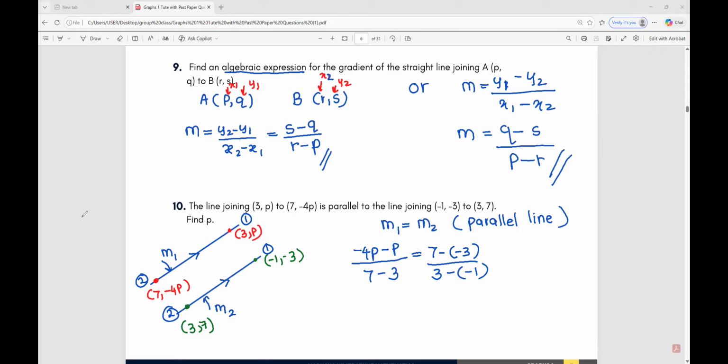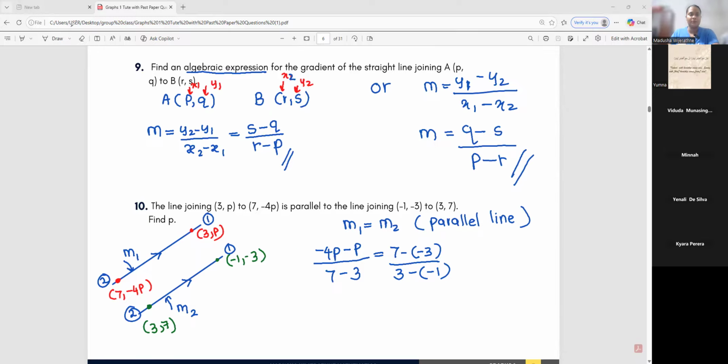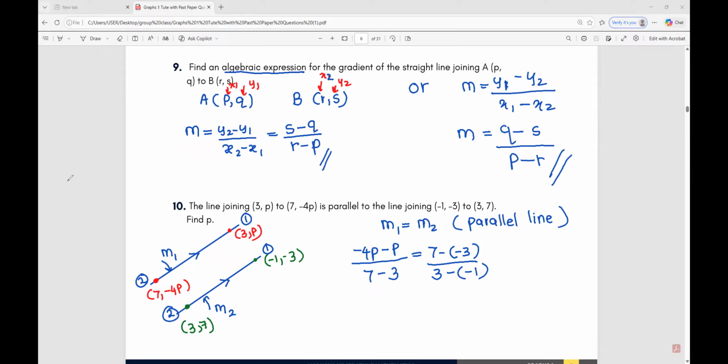Now I need to simplify this. Then we will get an equation in terms of P. Solve it and find the value of P. I think you all can simplify.